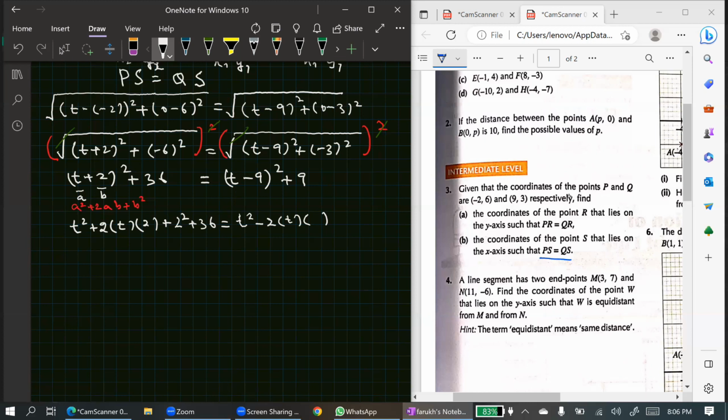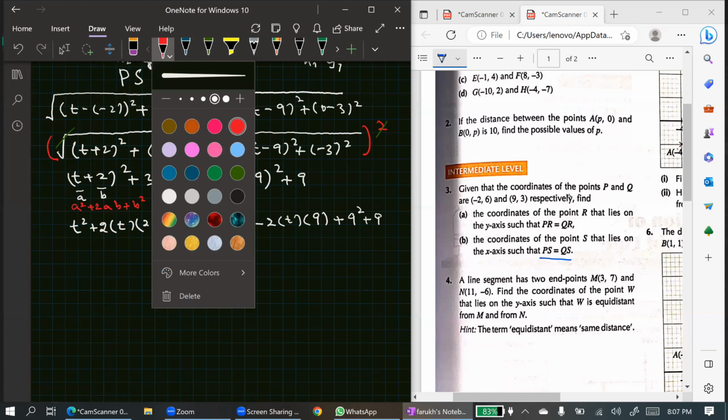We will not use the sign of the term. Plus 9. Can we cancel out t square on both sides? Yes.